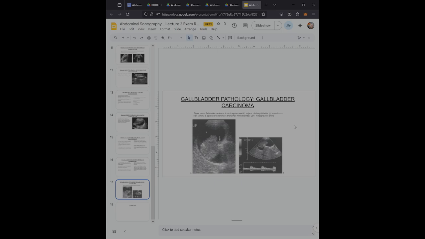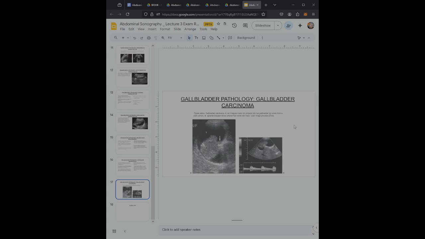And just note that it is difficult to sonographically differentiate metastasis from a primary gallbladder cancer. So clinically, patients would show with unexplained weight loss, right upper quadrant pain, jaundice, nausea and vomiting, hepatomegaly, or possible elevation in liver function tests.